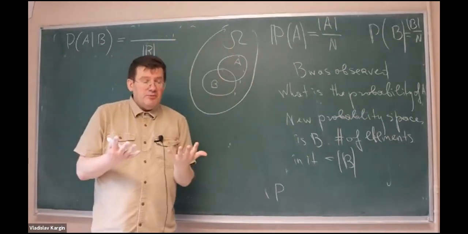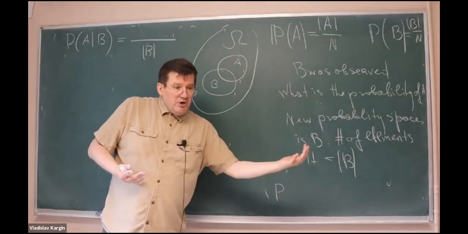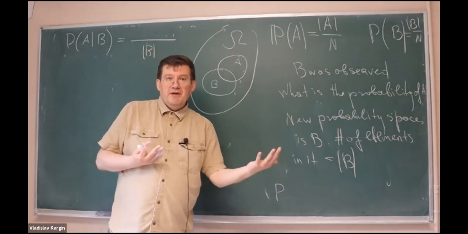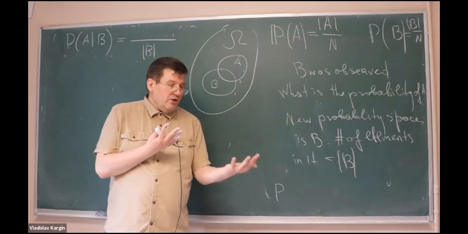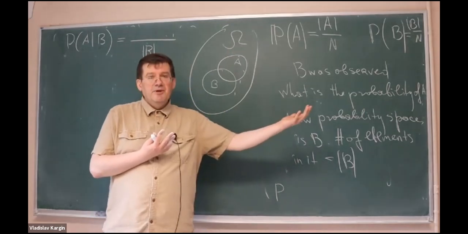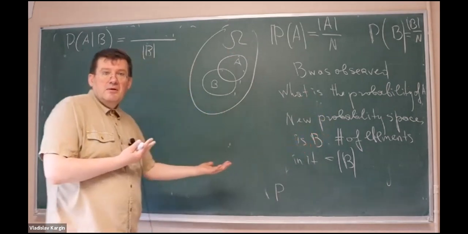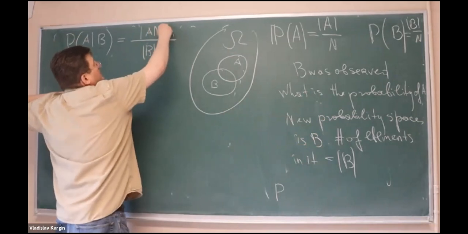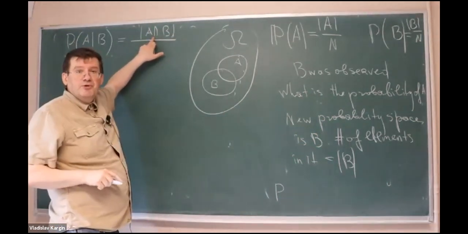So these are outcomes which say that the other player has a full house and you also have a full house. Both things are realized. This is what it means that you looked at your full house and you're thinking about the probability that the other player has a full house. So now you write that this is equal to A intersect B. An intersect means that both should be realized.